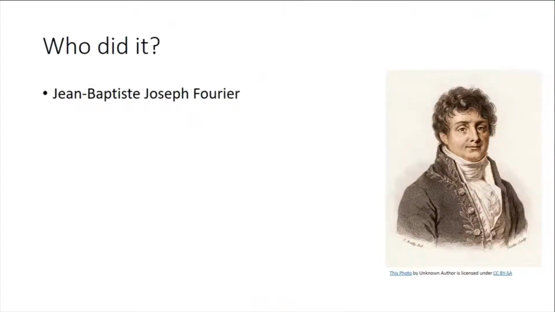All right. Now let's talk about history a little bit. Its history is pretty good to remember. The guy who is responsible for everything is Jean Baptiste Joseph Fourier. I do not know whether I'm pronouncing it right, but he is the guy responsible for it.